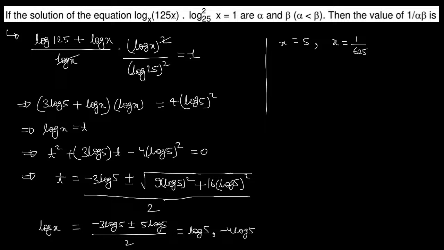If you put these in the base, both values of x satisfy the base as well as the argument. Okay, so the value of 1 upon alpha beta, where alpha is less than beta, is nothing but 125.